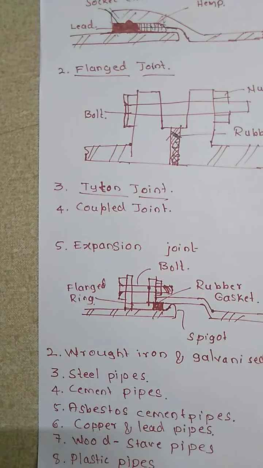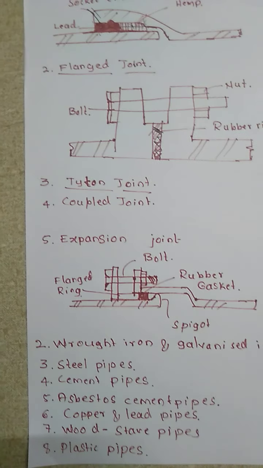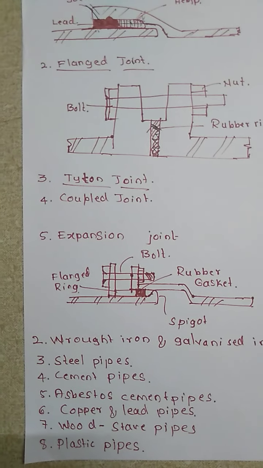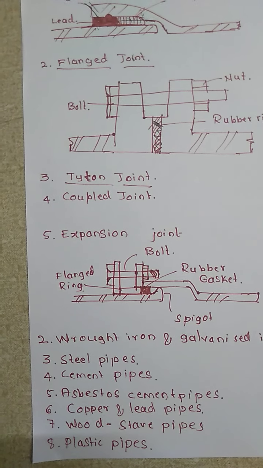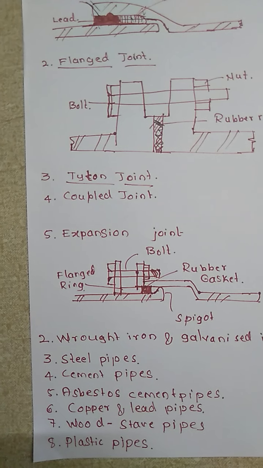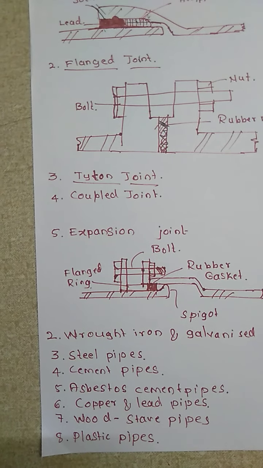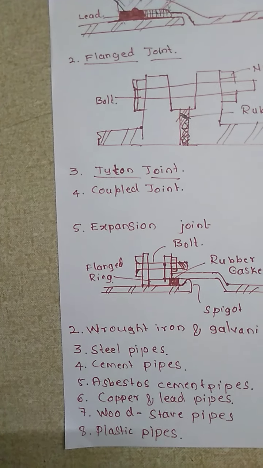Then we will speak regarding the lead pipes. Lead pipes, as you know, are very soft and can be easily bent. Due to this property, they are extensively used in service connections and for internal plumbing. Due to the cumulative poisoning effect of lead, they are not used for water supply pipes.